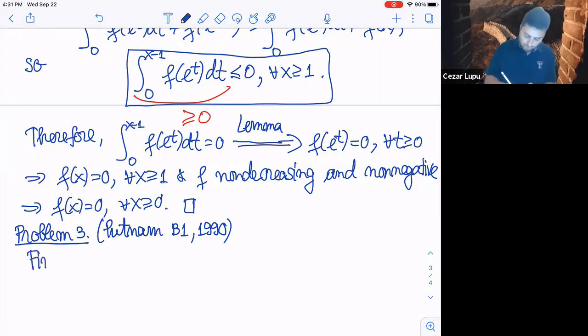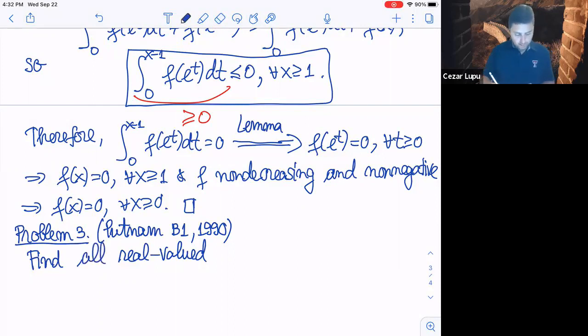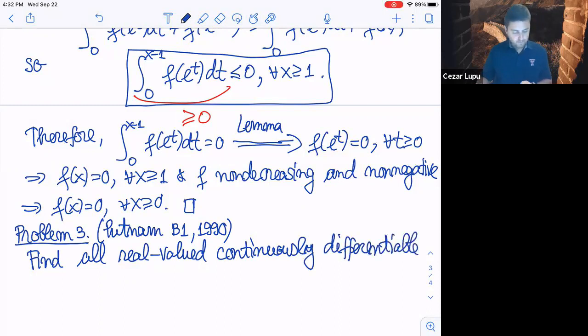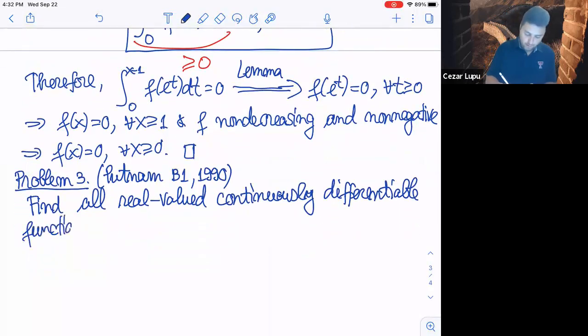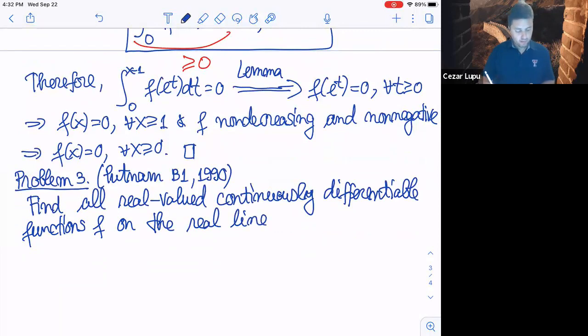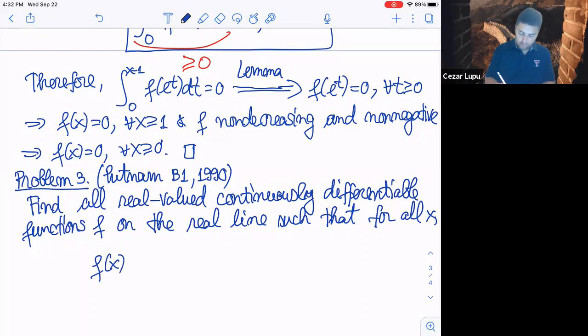Find all real valued continuously differentiable functions f on the real line such that for all x, we have the following functional equation, f of x squared.